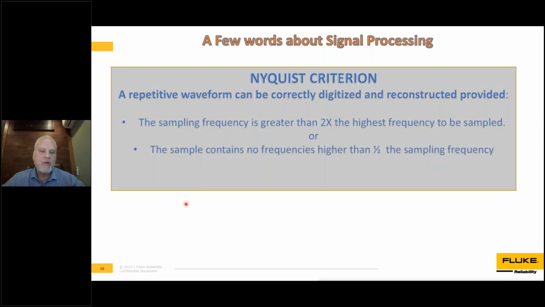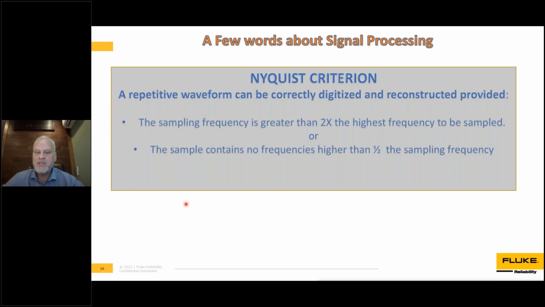A little bit about Nyquist criteria. Just real quick to define that. Nyquist criteria, for those of you that aren't familiar or that it's been a while since you looked at your vibration books: a repetitive waveform can be correctly digitized and reconstructed, providing the sampling rate is either 2 times the highest frequency to be sampled, which is really difficult to do, or 2, the sample contains no frequencies higher than 1/2 the sampling frequency.